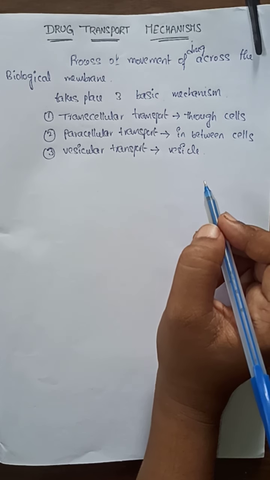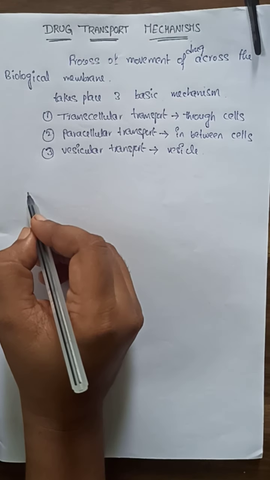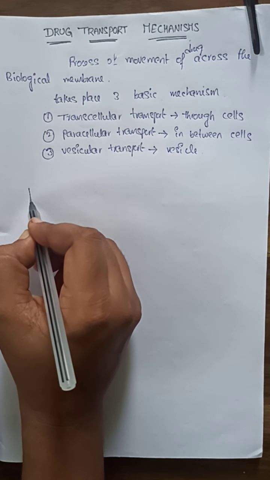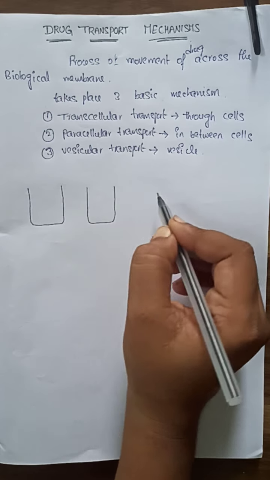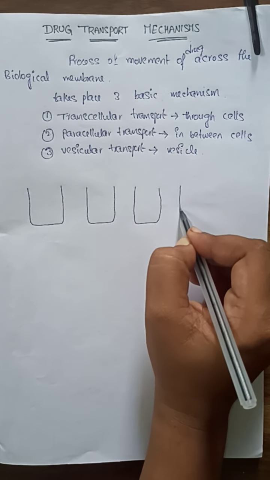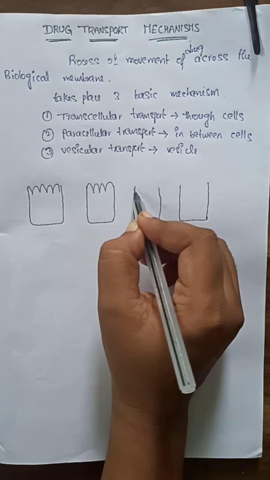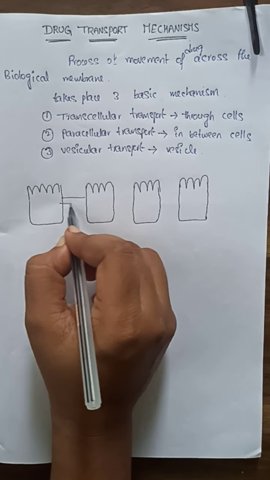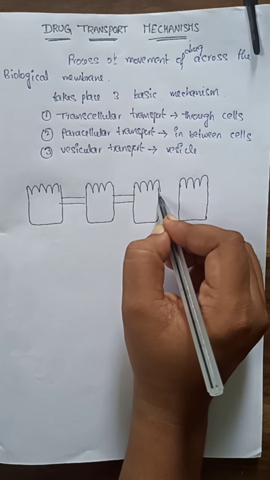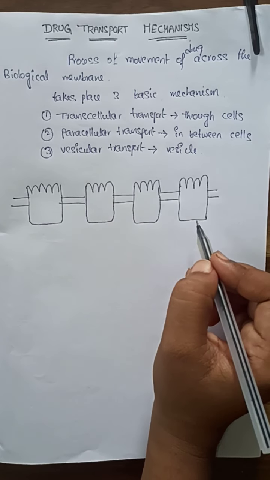To understand the drug transport mechanism, let us consider the biological membrane. The biological membrane is composed of a number of epithelial cells. These epithelial cells are connected with each other and form a tight junction.